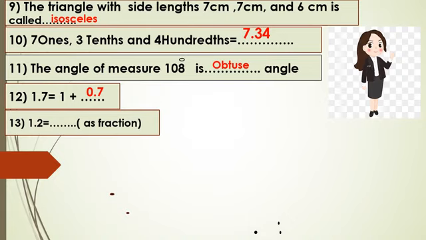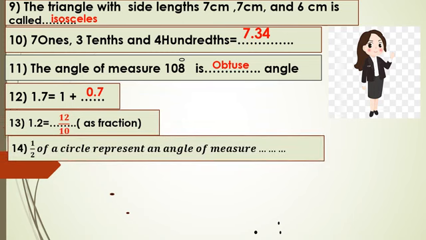Number 13. 1.2, we want to change into a fraction. So we remove the decimal point and write 12 over 10. We change from a decimal number to a fraction. We get 12 over 10, 12 tenths.